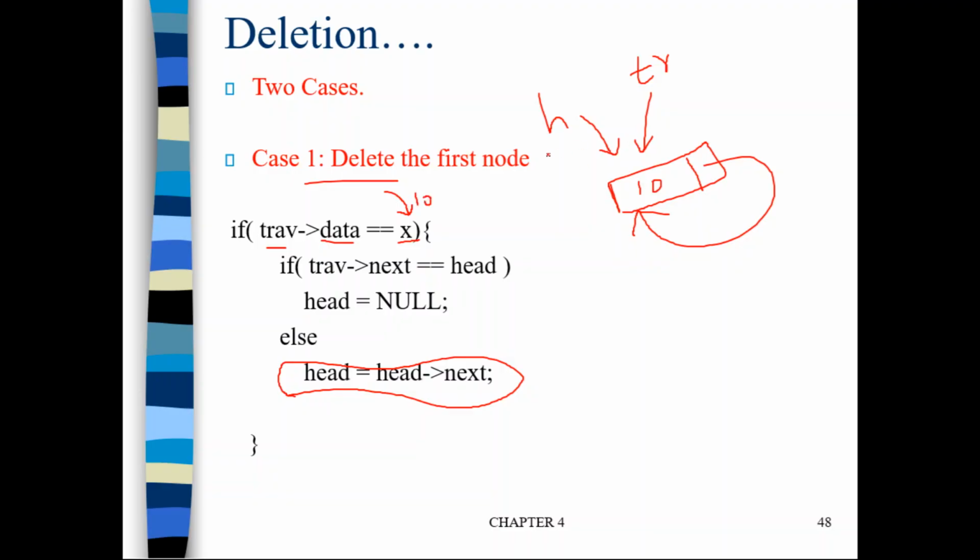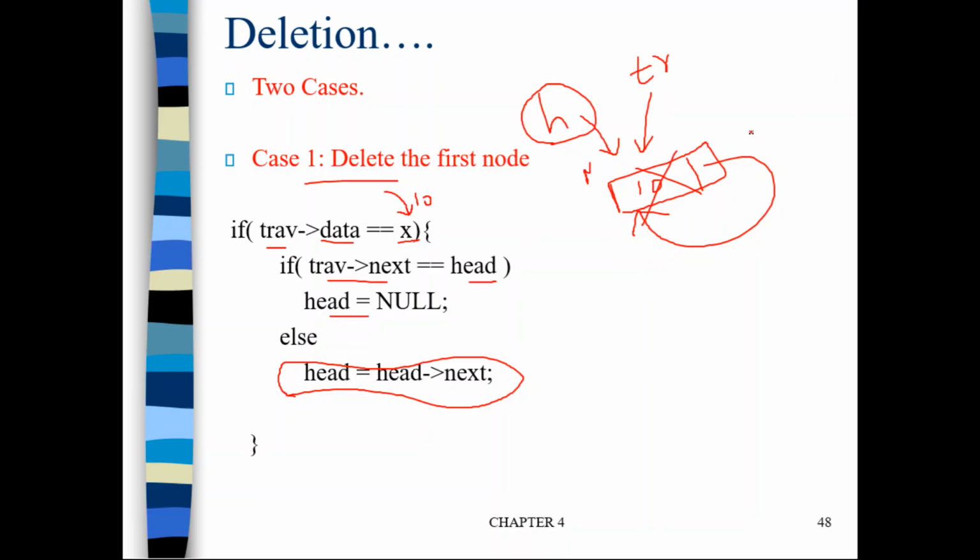In that case, where should head point? After deleting this, head should point to null. So we check here if traverse arrow next is equal to head. How do you know whether this is the only node? If its next is equal to head, that is, if it is pointing where head is pointing, then it means this is the only node. In that case, we say head is equal to null.